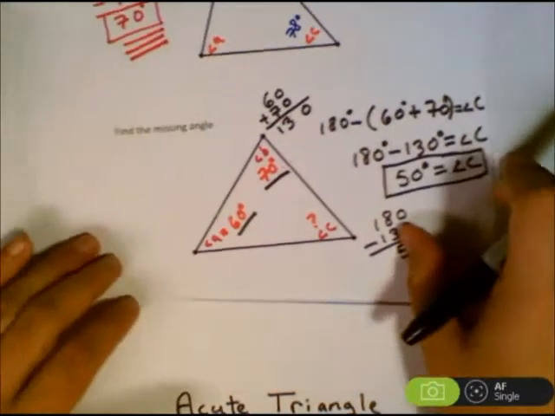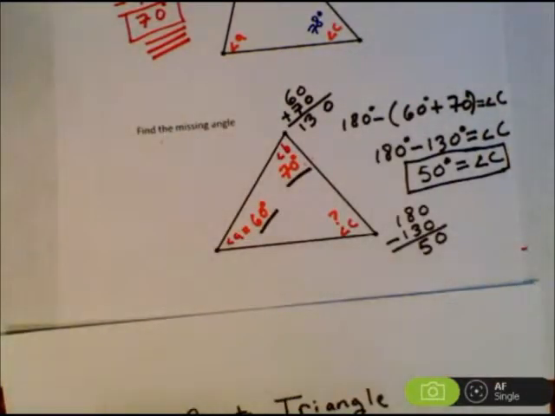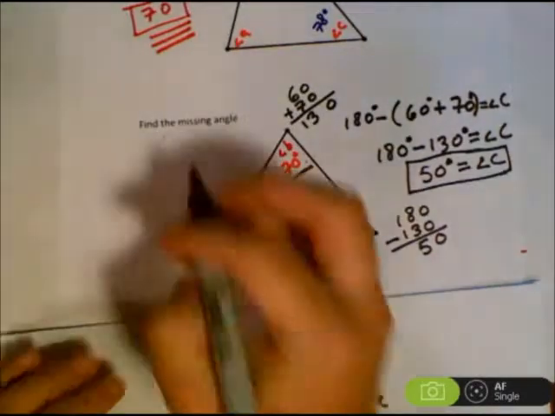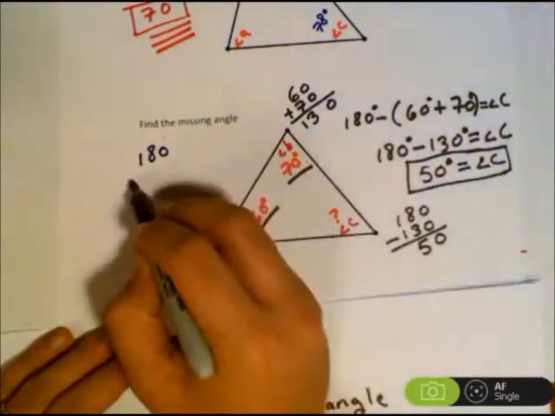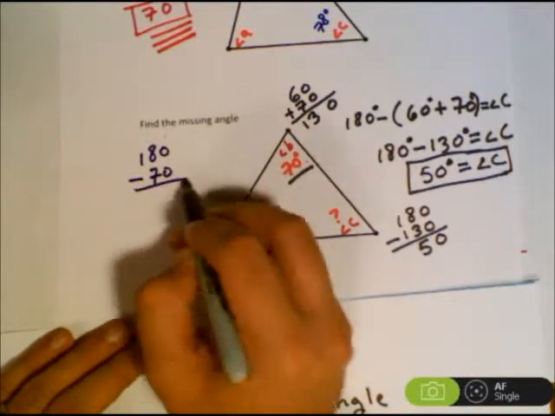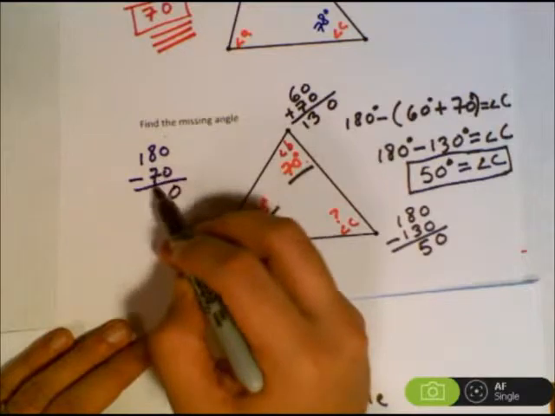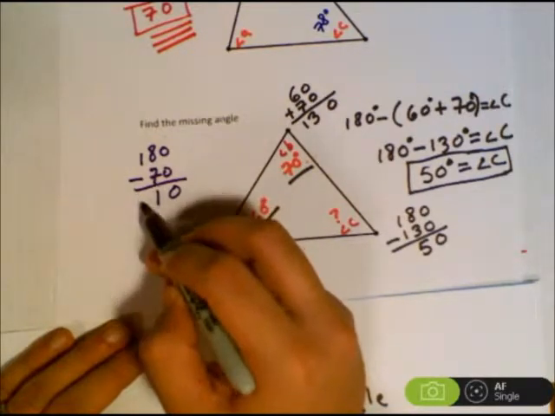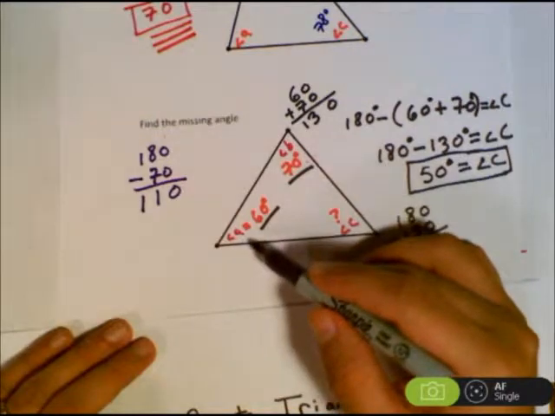Now let's work it out using the money way. If I have $180 and I gave angle B $70, how much do I have left? Well, 0 minus 0 is 0, 8 minus 7 is 1, and I bring down this 1. Then I gave angle A $60.